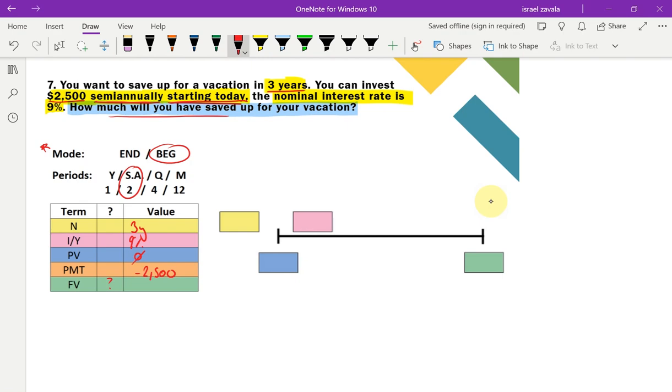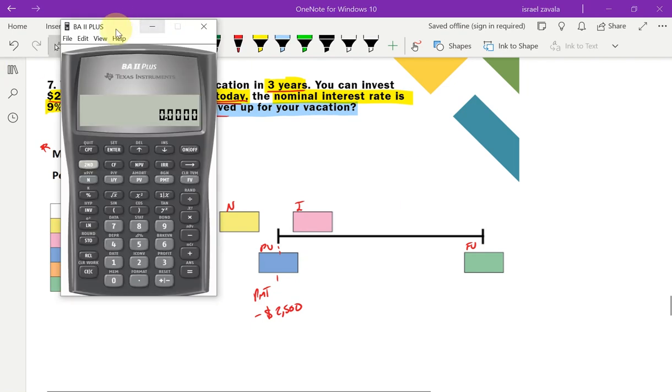So let's put this in our timeline. Okay, present value, future value, and then the first payment starts today. So that's $2,500.